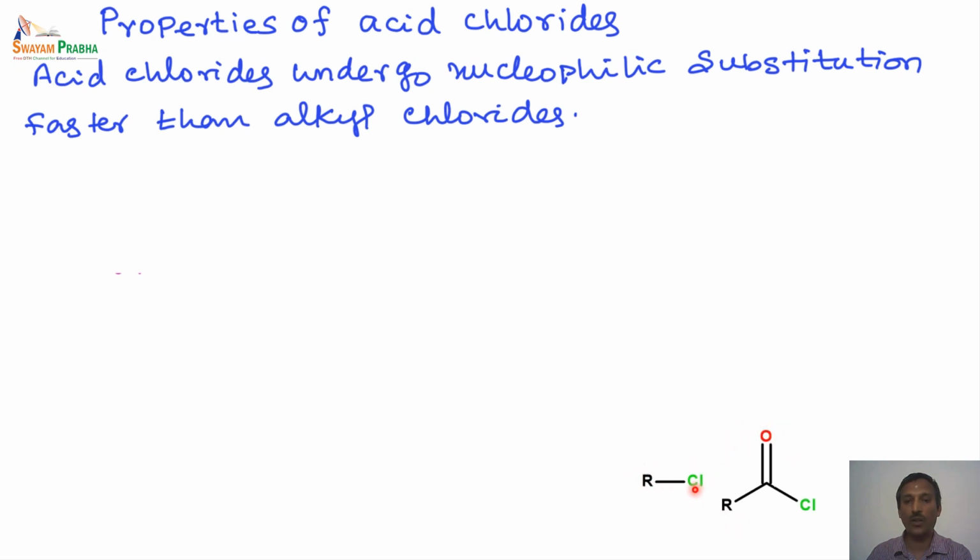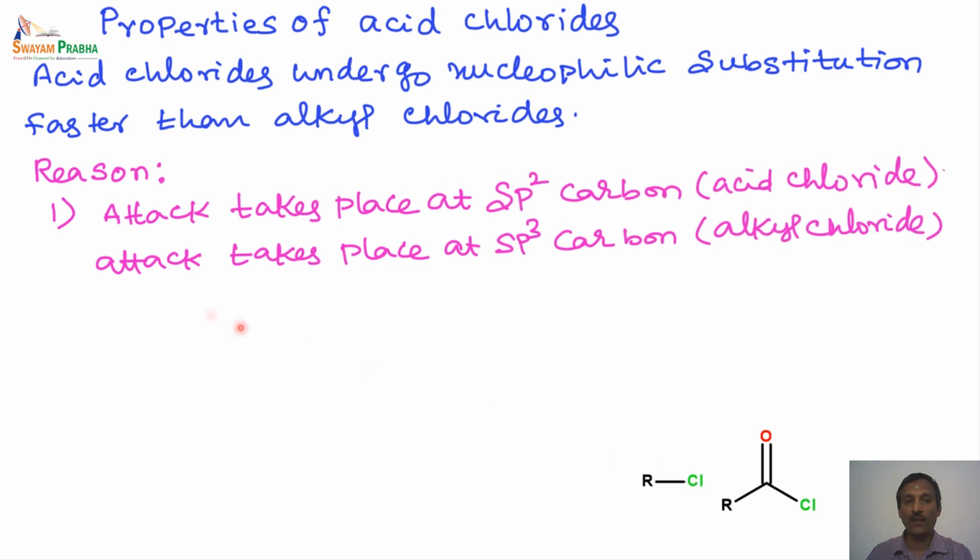the alkyl chlorides. The first reason is the attack takes place in the sp2 carbon for the acid chloride. So this is a sp2 carbon in the case of acid chloride, whereas it is a sp3 carbon in the case of alkyl chloride. Now we will see why this difference actually makes acid chlorides highly reactive.